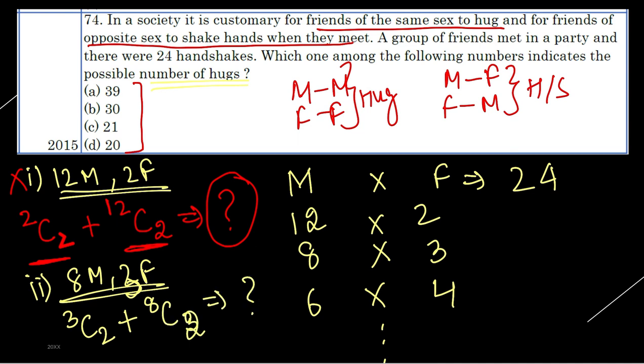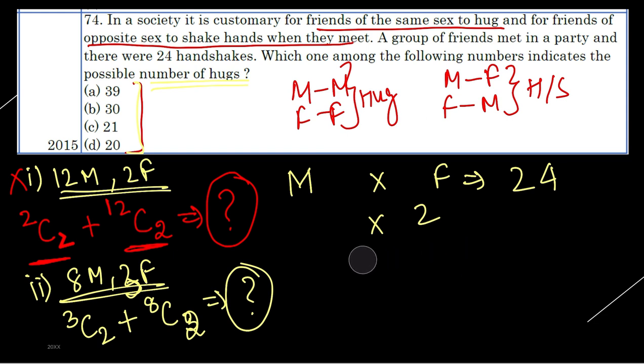You will again try to find, and let's see if the answer is between these options, if not, then this is again not the answer. I hope this is clear. If you are able to reach any of the answers, say 39, 30, 21 or 20, that is the answer. But why am I still ignoring this? Because I know 8C2 is a very big number. So this could still not be the answer.